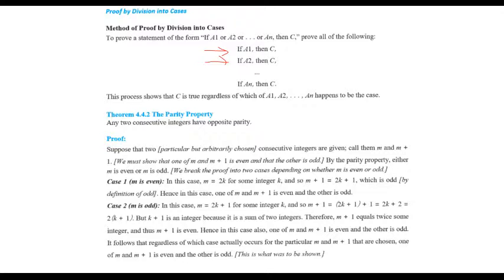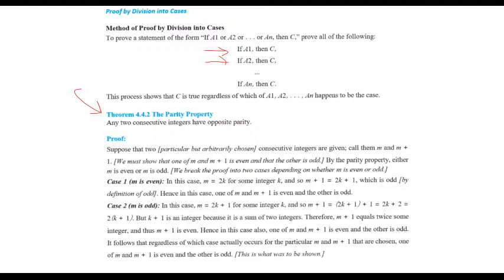So when we have all of these n conditional statements, we can conclude that c must be true, regardless of which of a1, a2, all the way to an happens. Okay, so let's see theorem 4.4.2 of the book, and let's see how we can prove this using the method of proof by division into cases.